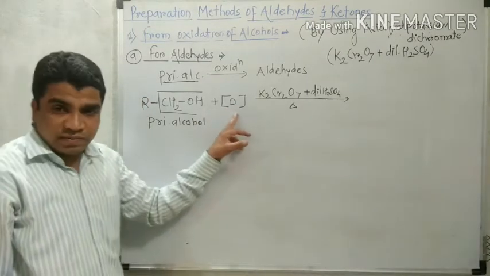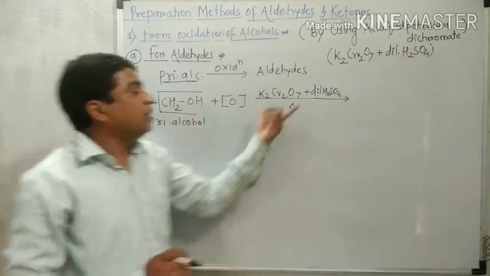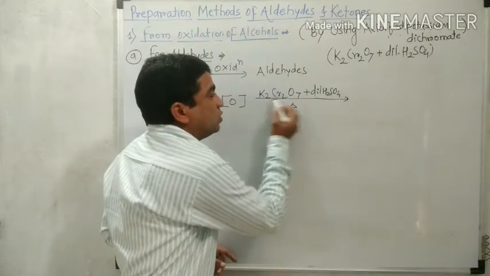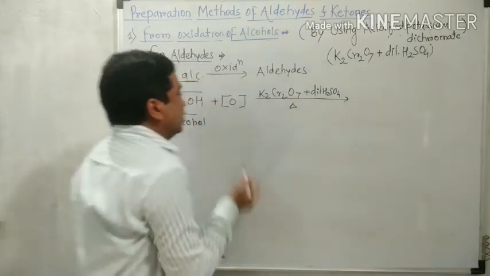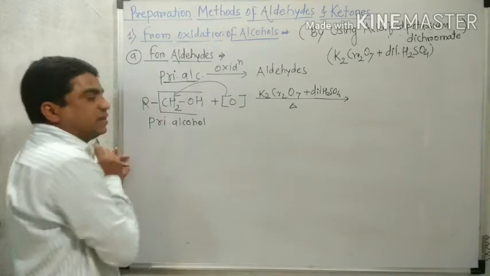This oxygen atom, which is required for oxidation, comes from the reaction between K2Cr2O7 and H2SO4, and this oxygen atom gets added to the structure.